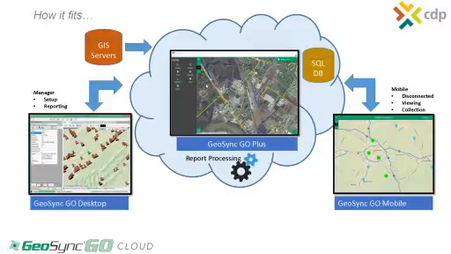GeoSync Go Plus, because it's hosted in the cloud and is a web-based application, gives us direct access to a lot of other data that would come from GIS servers. That's a real benefit, because there's a lot of really good, usable information available from resources such as Kentucky DGI, FEMA, the National Weather Service, and the USGS.